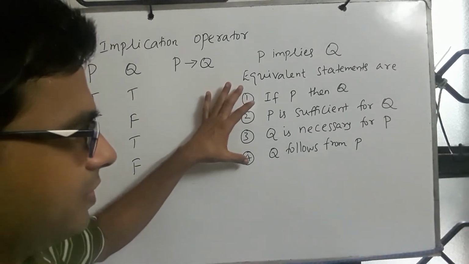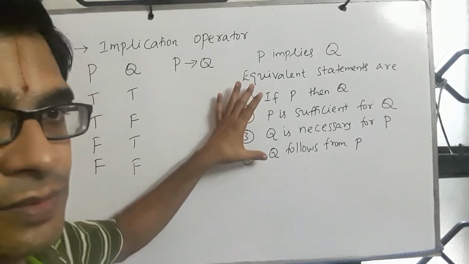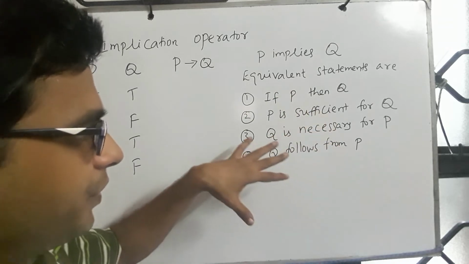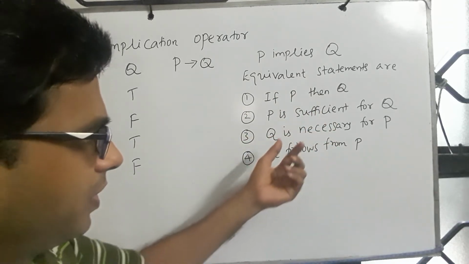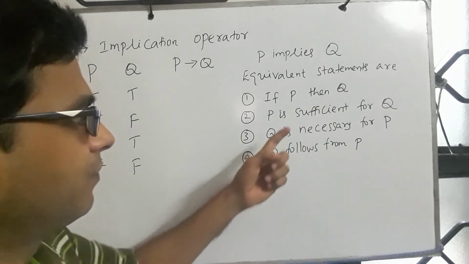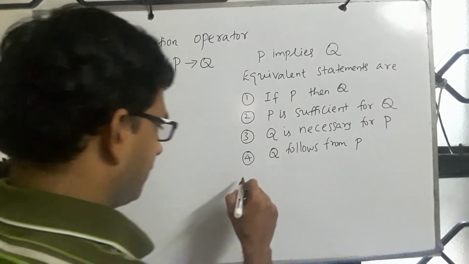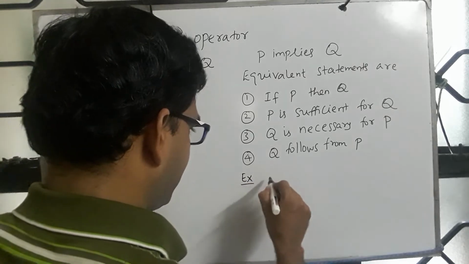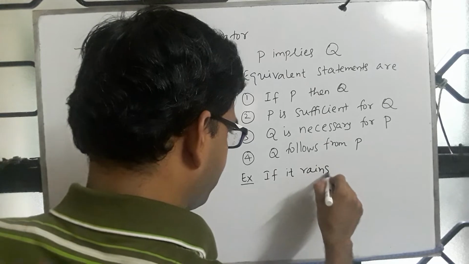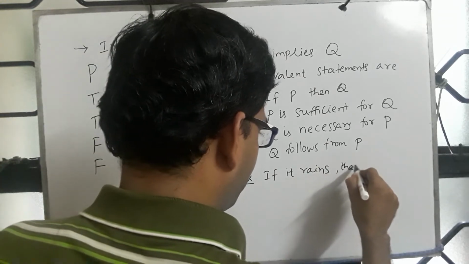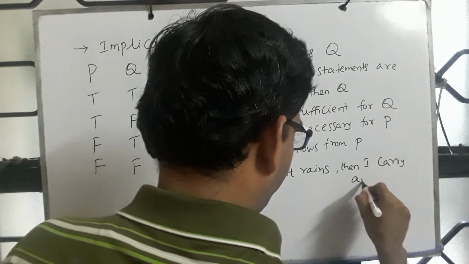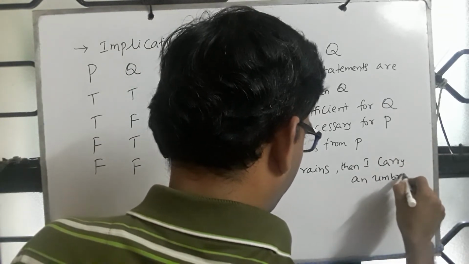So in English, we use statements like this. If P then Q, P is sufficient for Q, Q is necessary for P. You can take special instances for P and Q. For example, I say, if it rains, then I carry an umbrella.